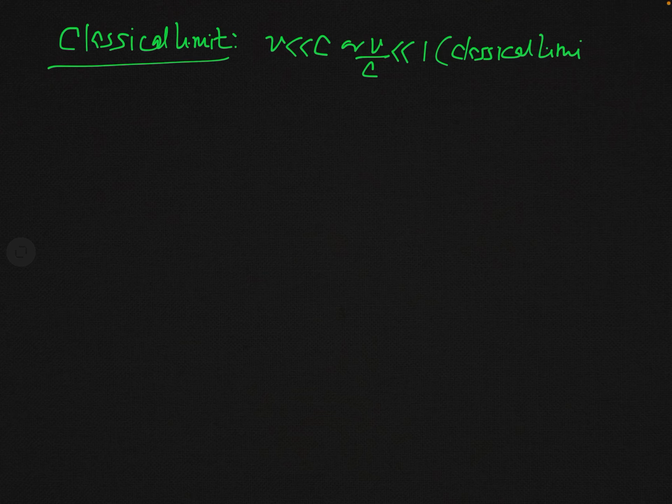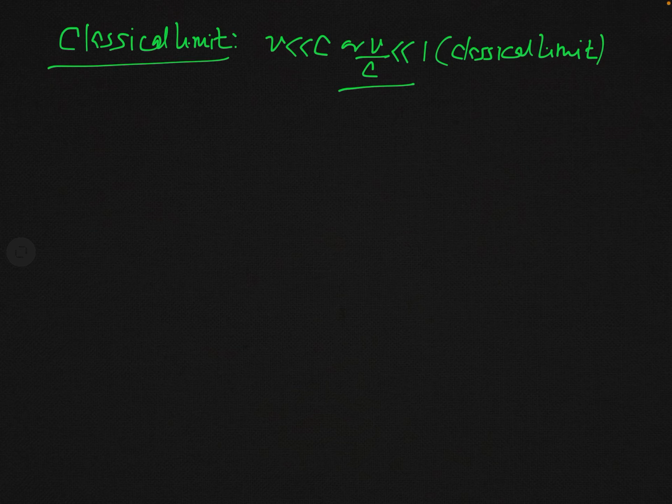Now, if we impose this condition on the relativistic velocity transformation equation, in comparison to c, the quantity v over c square, the quantity v square over c square, all will be neglected, and we can take their value as 0.